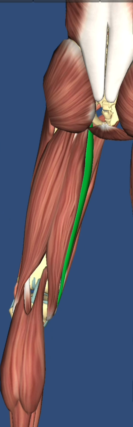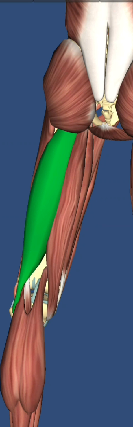They extend the thigh, flex the leg, and of course rotate it medially when the knee is flexed. Now, talking about the biceps femoris, it originates from the long head. The long head is from the ischial tuberosity. Why does it have two heads? That's what I mean, biceps, from the word biceps.